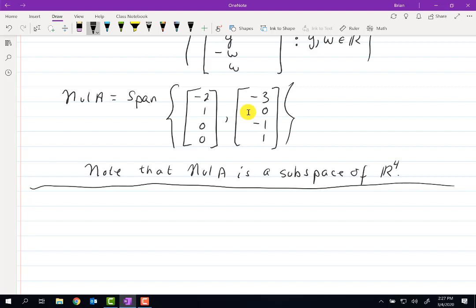This video is pretty short because there's not a lot to say about the null space. We're going to be more interested in how it interacts with the column space and some other ideas. So let me end this section with a theorem.